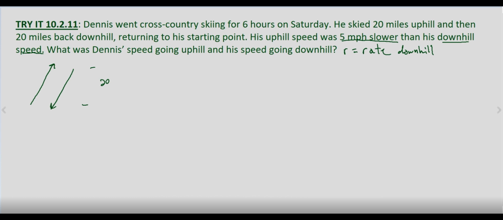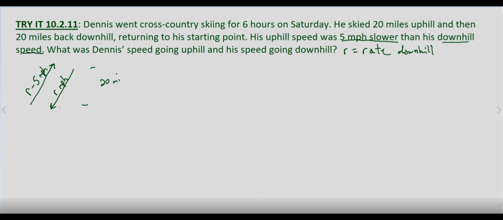So that's our distance. And then his rate uphill is going to be his rate downhill, which we've defined as R, minus 5, because it's 5 miles per hour slower. And then his rate downhill is just, as we said, R.